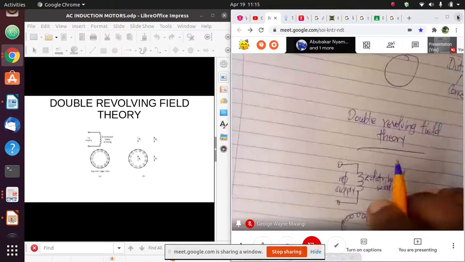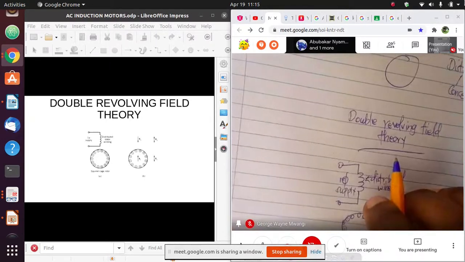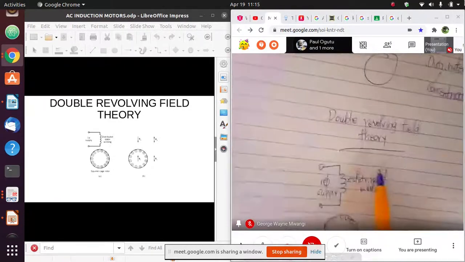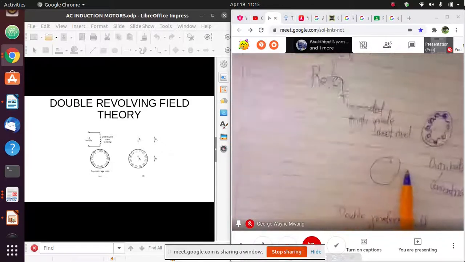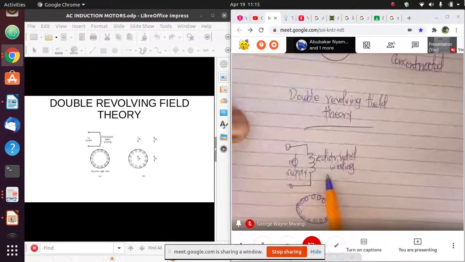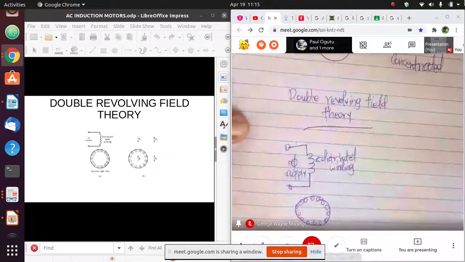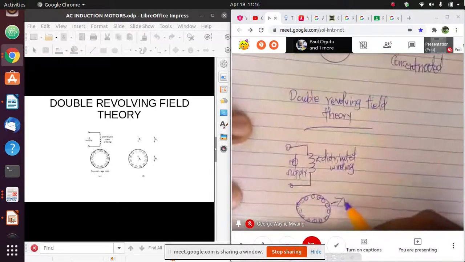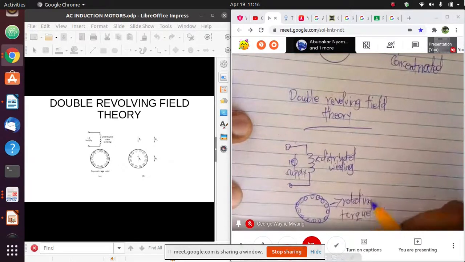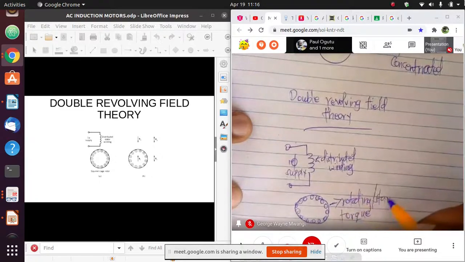Now, once the AC supply is connected, once the stator is supplied with single phase supply, this rotor doesn't have any rotating torque. The rotor doesn't have any starting torque.